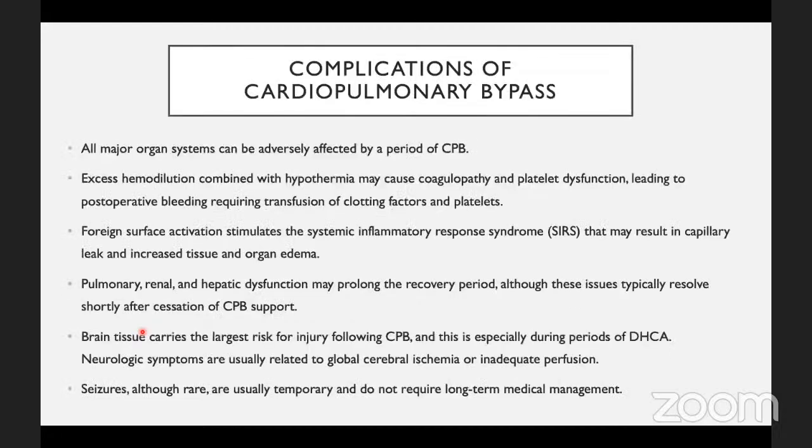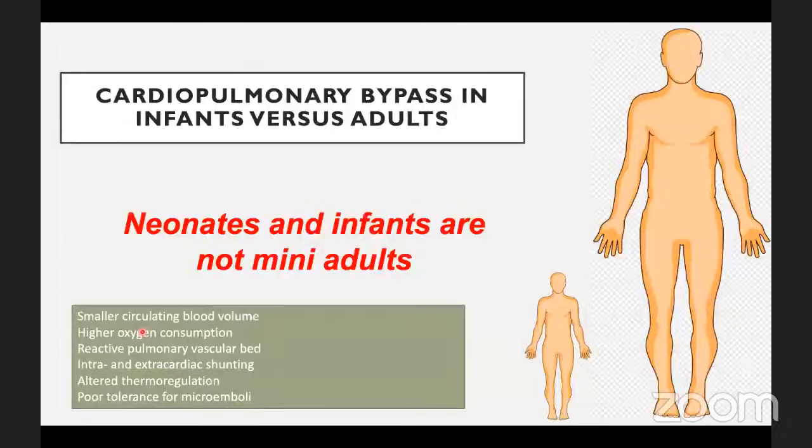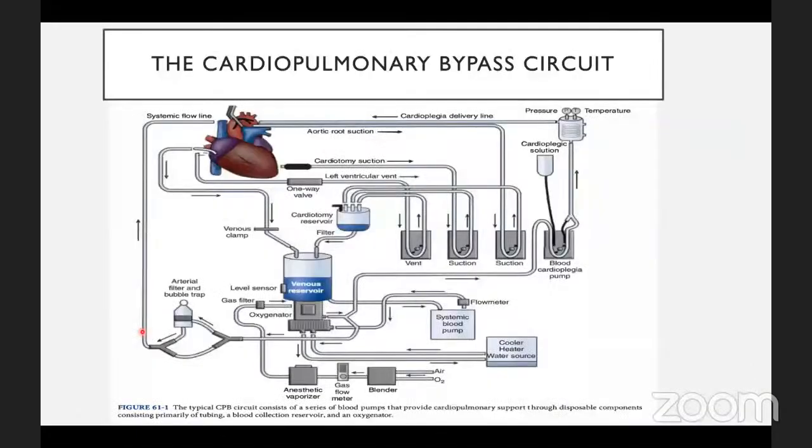The perfusionist usually sets it using a blender, so he can control the sweep and he can control the FiO2. The blender controls the total gas flow and the FiO2. By the total gas flow, we control the PCO2.